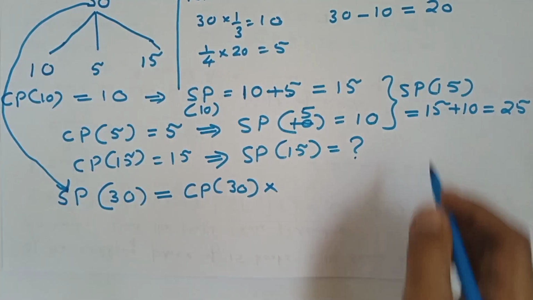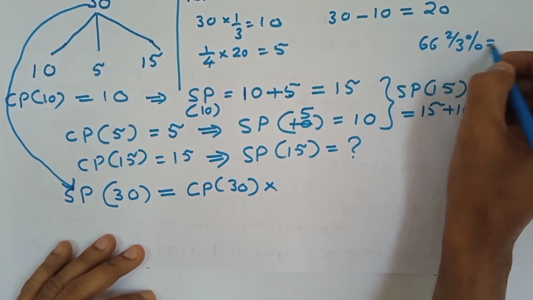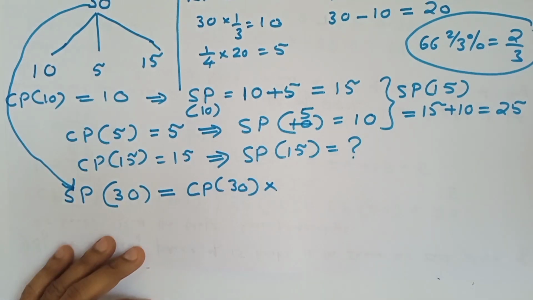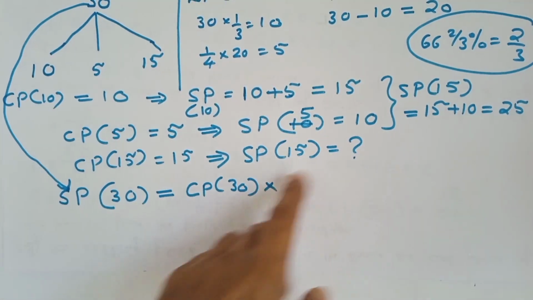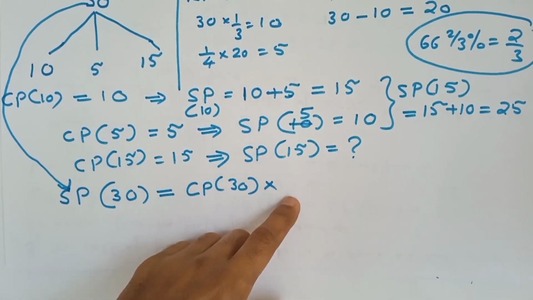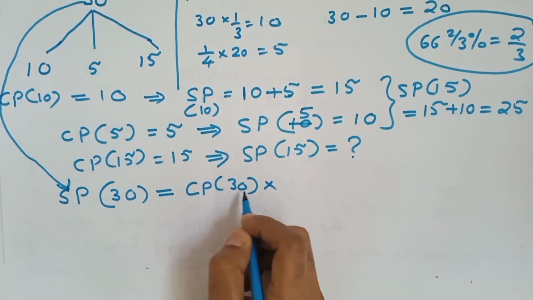66 2 by 3% is nothing but 2/3. Okay, so he expects totally 2/3 profit. CP of 30 is 30 rupees and 2/3 profit means 2/3 of 30, which is 20.